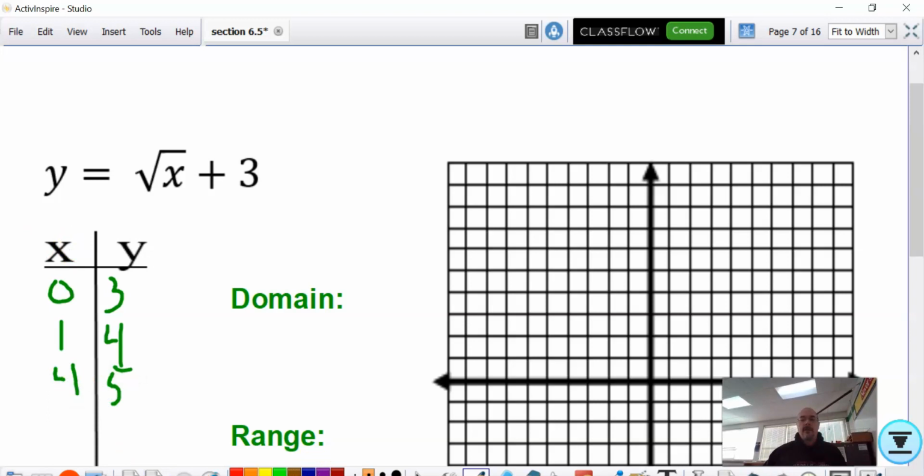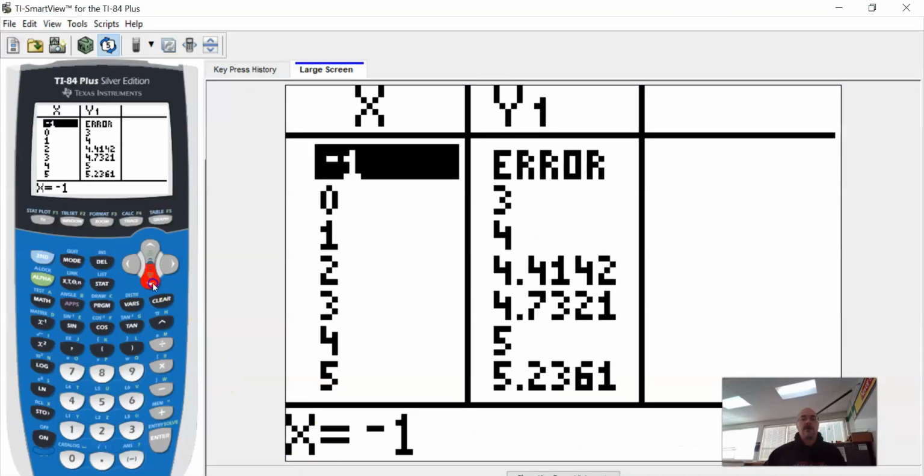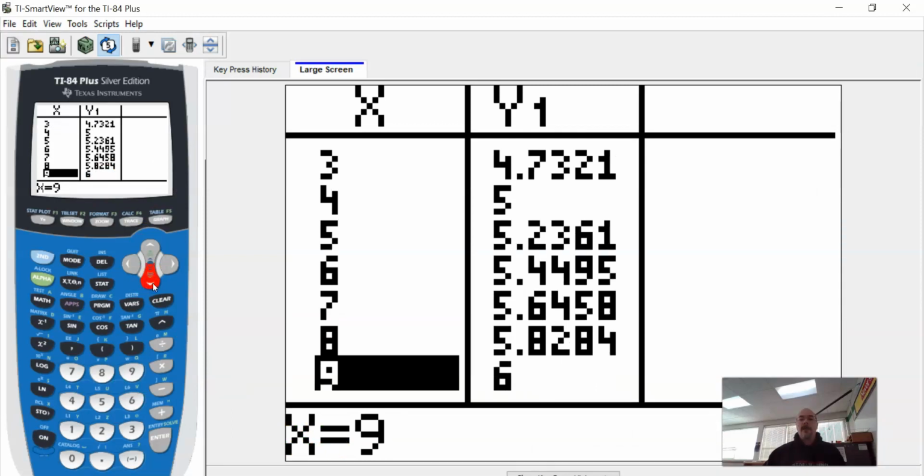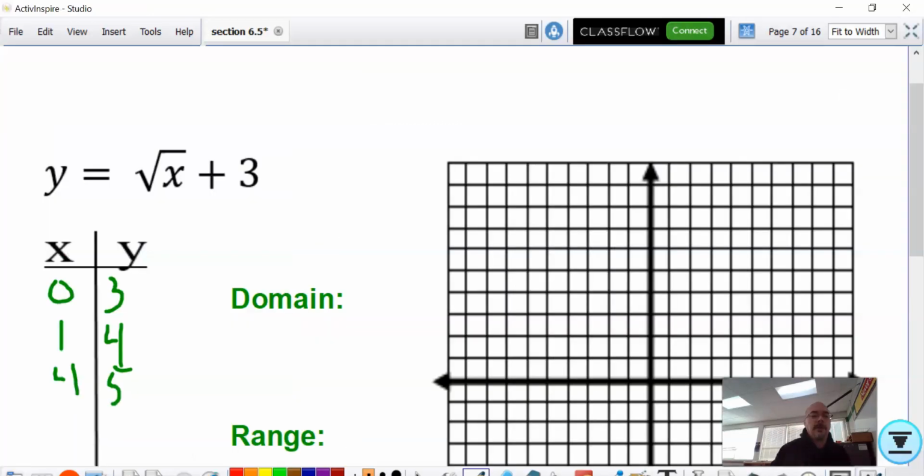And let's see if any others fit. Let's go down to the 9 and see what's going on there. Yep, 9, 6 will still fit. So 0, 3 starts right here. And then over 1 up 4, over 4 up 5, over 9 up 6. There's the graph of that one, ladies and gentlemen.